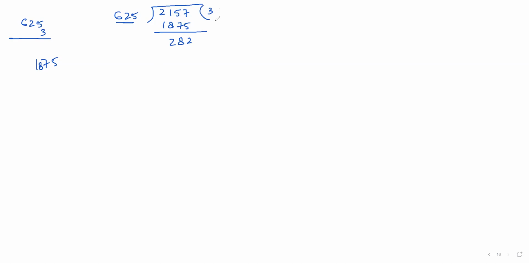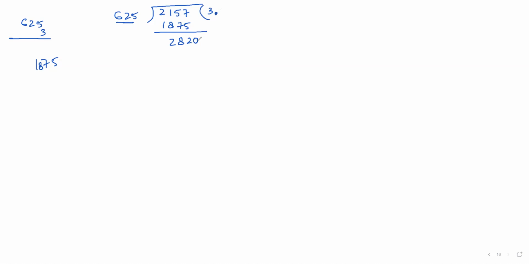No, sorry, this is the remainder. So it is smaller. So what I'll do is put a point here, zero, and then I'll put a 0, correct? Yes. This was my remainder, so I'll put a decimal now, then I'll add one 0.